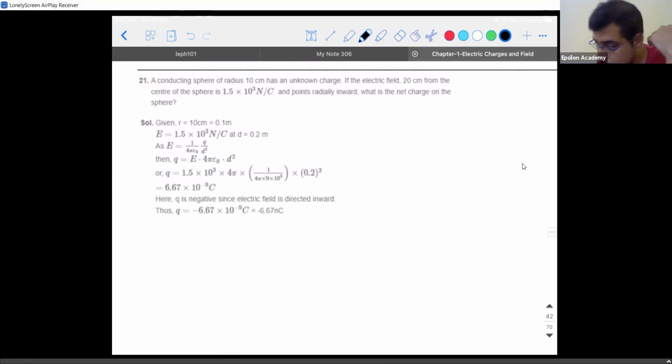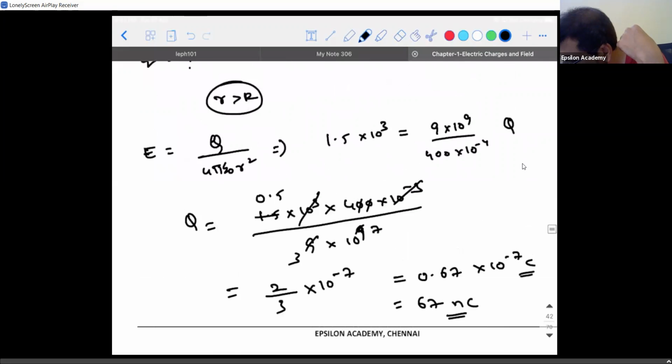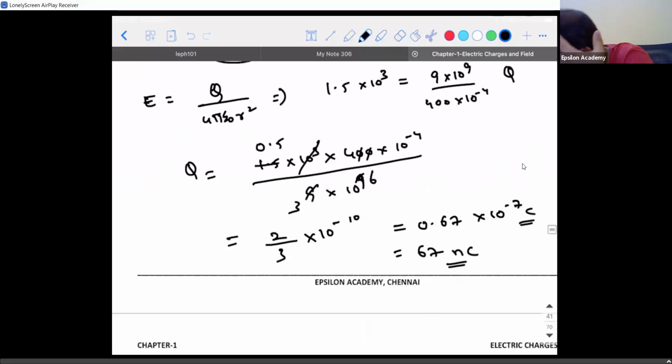Did I miss something? 10 power minus 4. Then this will be 6. So it will be 10 power minus 10, minus 0.7 into 10 power minus 10, or 6. How much will you get? One minute, there is something else.